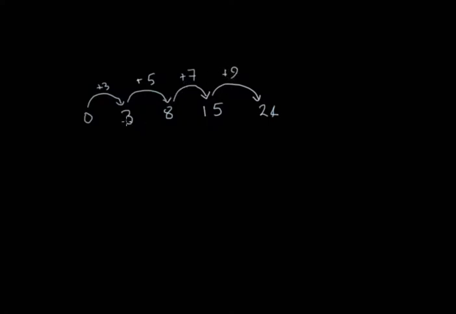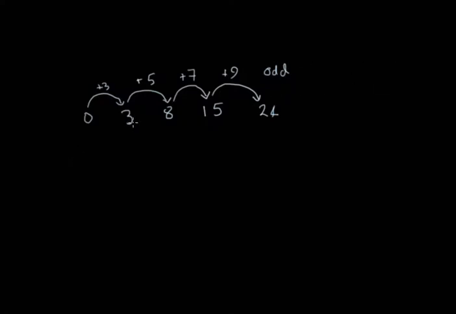Now at first glance that looks quite strange. What are we doing? But let's just think about these numbers. 3, 5, 7, 9. These are the odd numbers. The difference is increasing by the subsequent odd number.